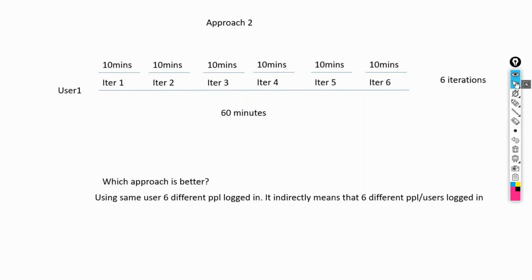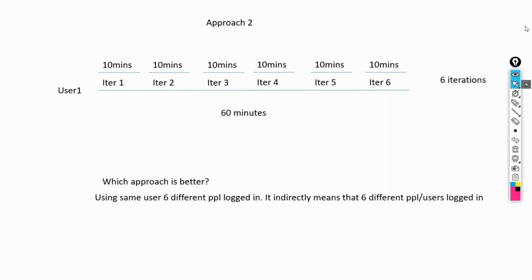Second is more practical. Okay, so considering these two, the second option is better. The reason is, in performance testing, as per the standards, if a user is idle for a longer or continuous time duration, then it is not considered a valid test. So what was happening in approach 1?